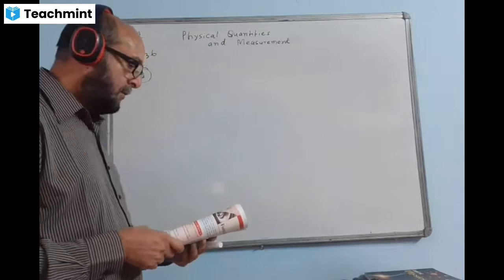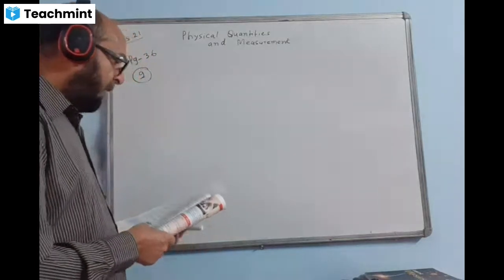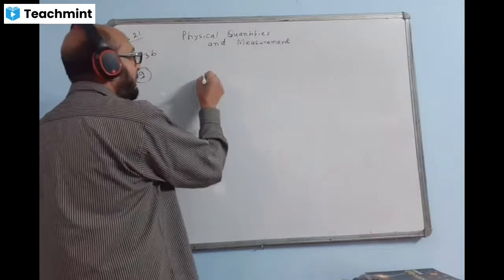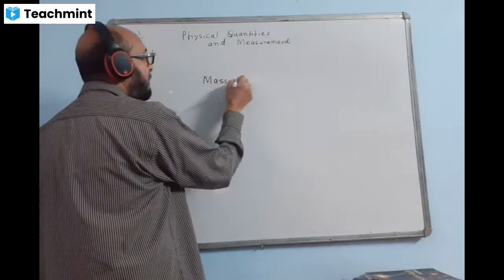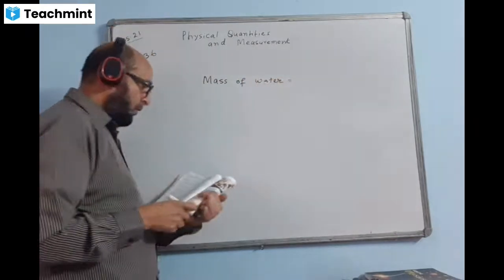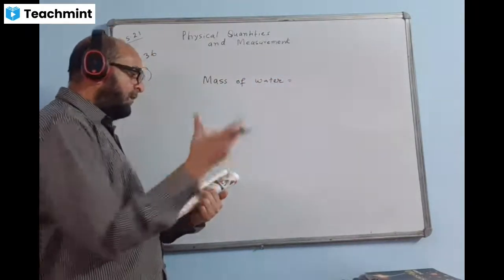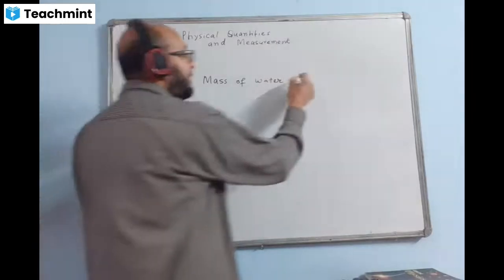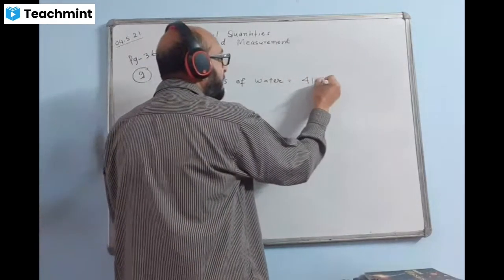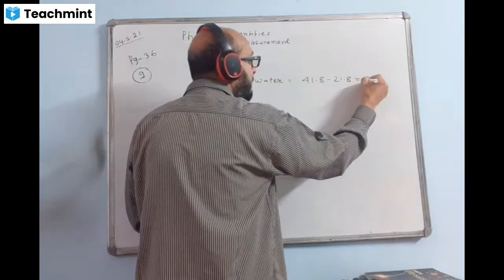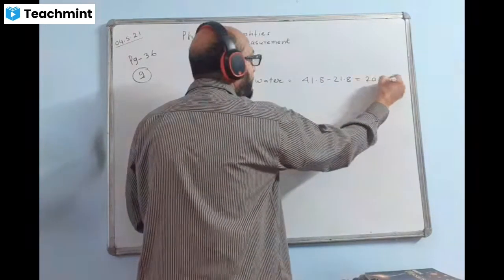So we'll find the mass of water first. Mass of water is equal to, when the bottle was empty it was 21.8, now it is 41.8. So mass of water is 41.8 minus 21.8. The answer is 20 grams.